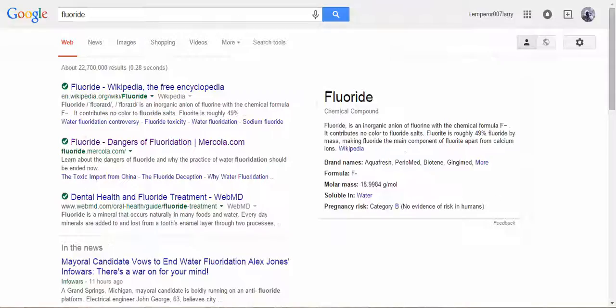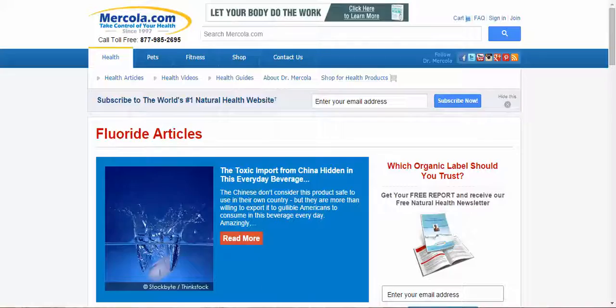Fluoride is an inorganic anion of fluorine with the chemical formula F-, that contributes no color to fluoride salts. Fluoride is something that is used in the dental field to help with teeth.